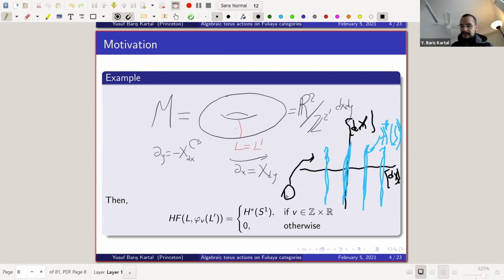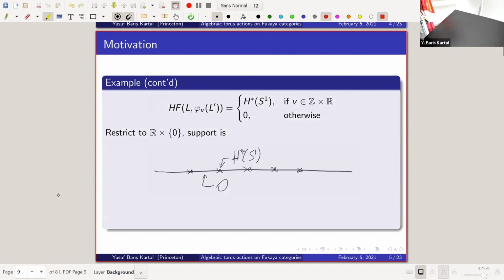And in particular, if you restrict to the axis here, the support of the Floer homology groups is the integers. This family becomes 0 everywhere other than the integers. And at integer points, it becomes rank 2.